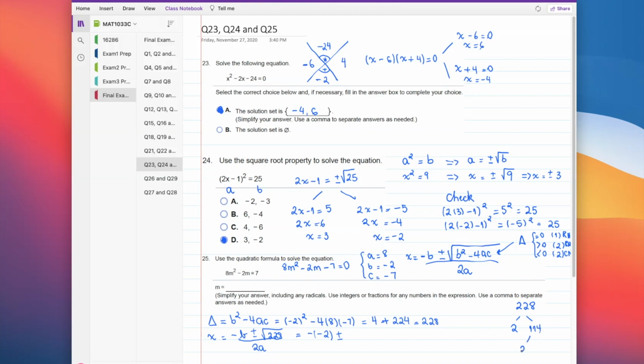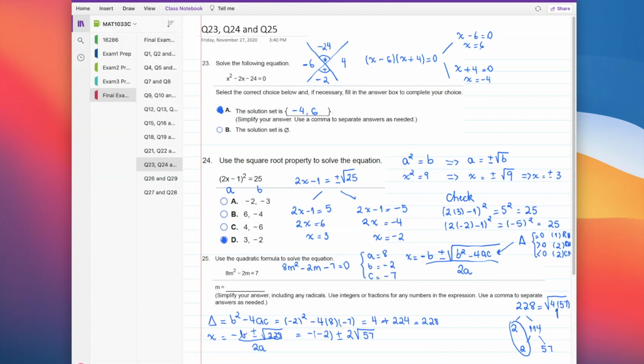I can divide by 2 again, and then I have 57. 57 is prime, but I have two 2's. So it means that I will extract one 2 out, but the 57 stays inside of the square, because this can be written as 4 times 57.